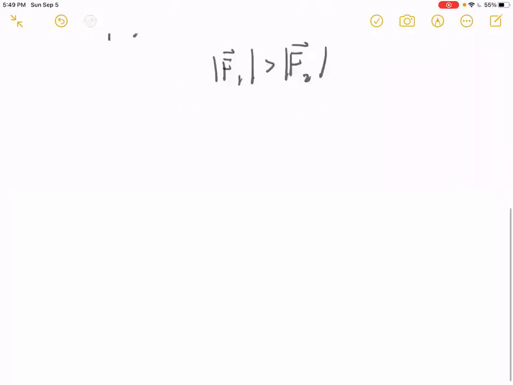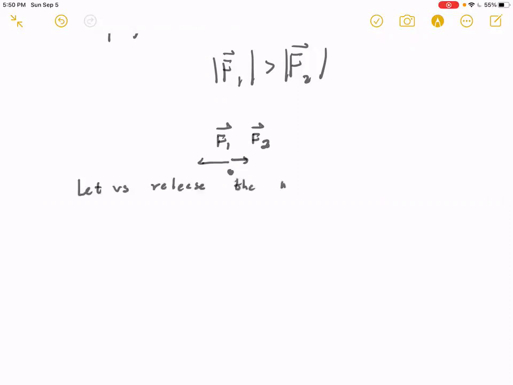Again, if I write my free body diagram, F sub 1 looks like that, F sub 2 looks like that. So let us release the mass. We've moved the mass to the right by some distance or displacement u sub 1.